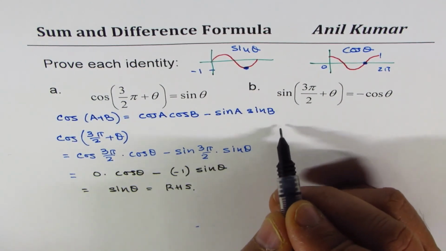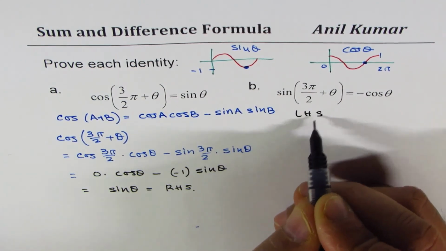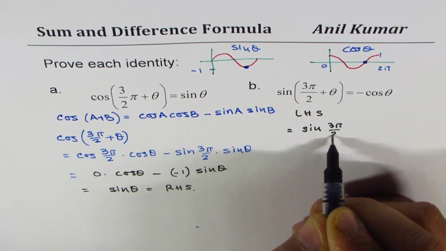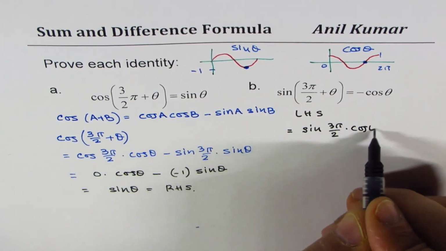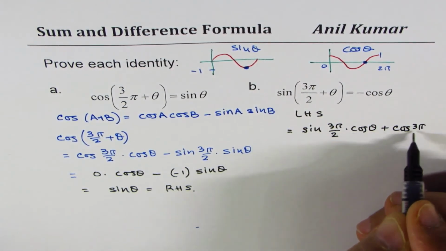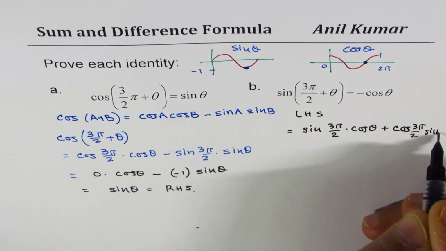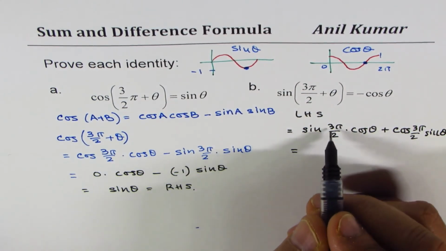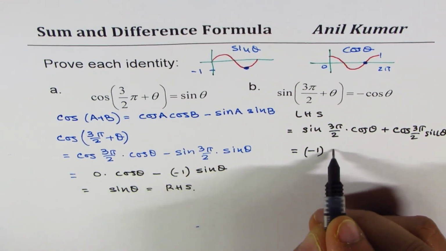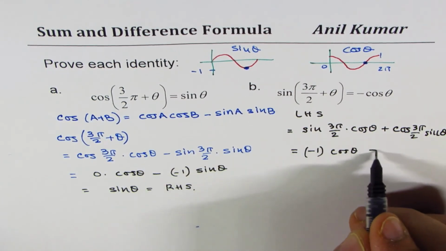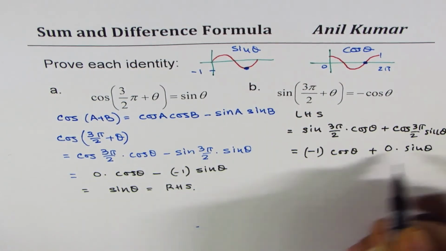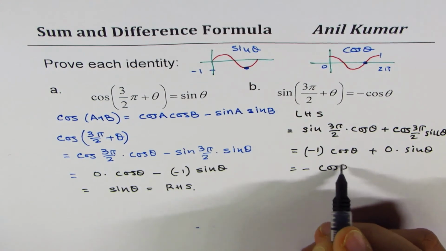So here the left hand side will be equal to sine 3 pi by 2 cos theta plus cos 3 pi by 2 sine theta. Sine 3 pi by 2, you know, is minus 1, so it is minus 1 times cos theta, and that one is 0 times sine theta, and this gives you minus cos theta, correct?